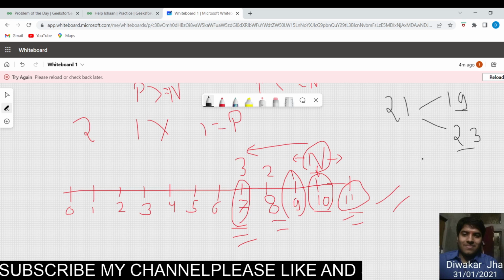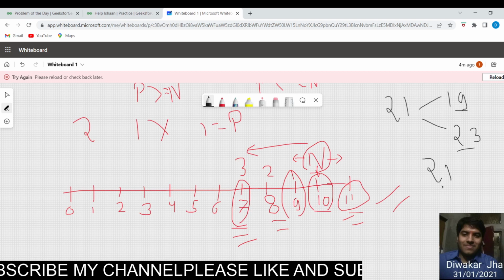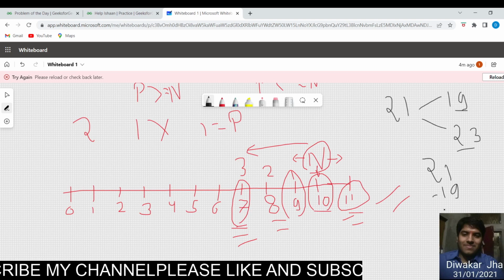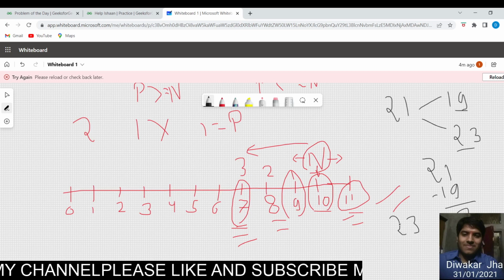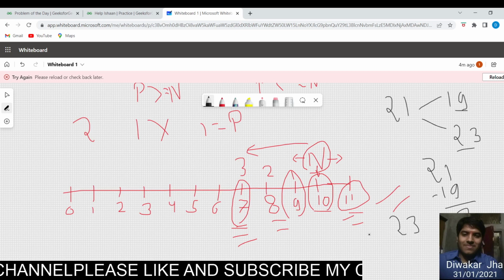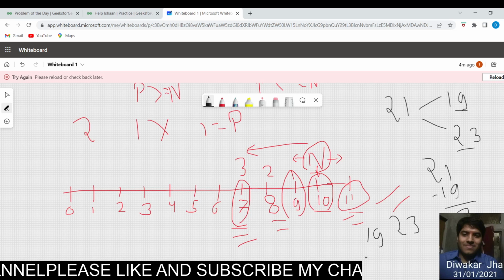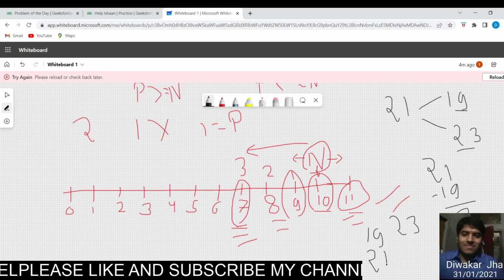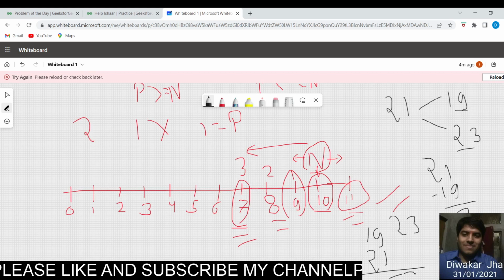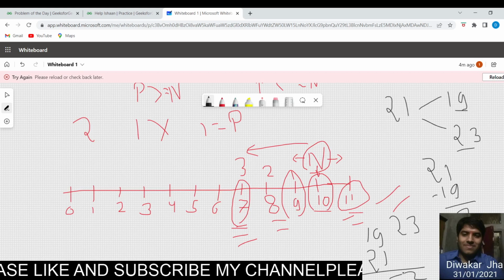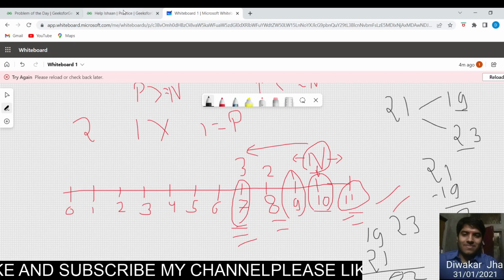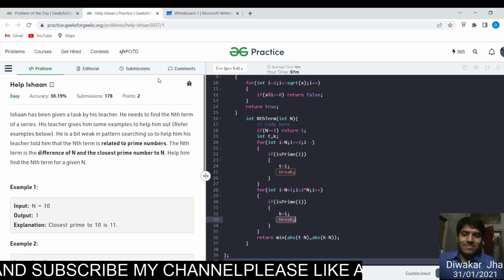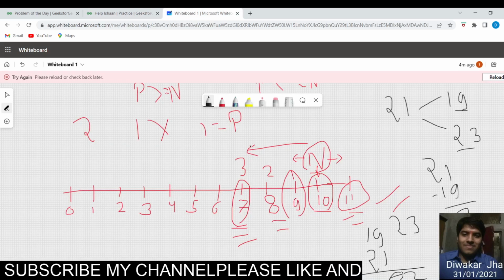So we solve it like 21 minus 19, which gives 2, and 23 minus 21, which gives 2. In the other order, 19 minus 21 would give minus 2, so we generally neglect the negative value. We simply measure the distance.